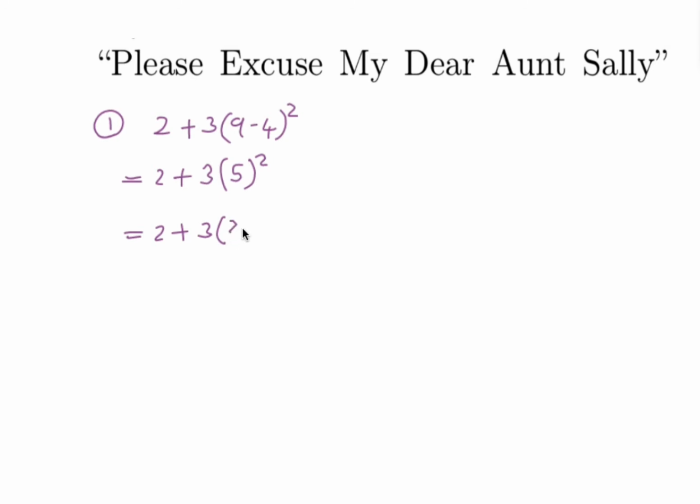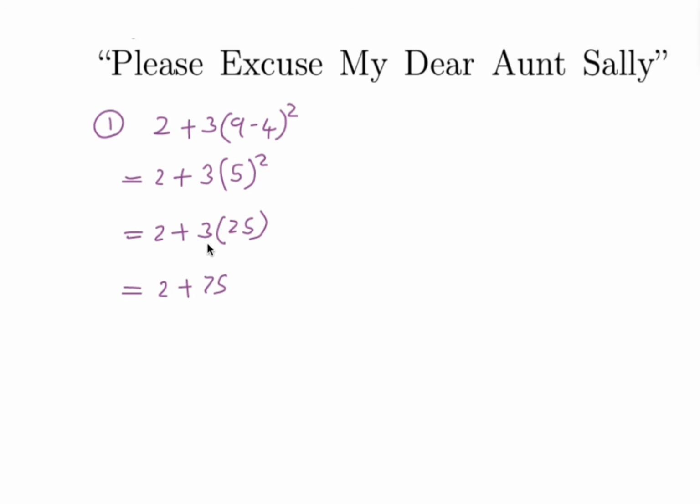5 square is 25. Okay, now here two operations, addition, and here nothing, it means multiplication, so we should do multiplication. 2 plus 3 times 25, 75.